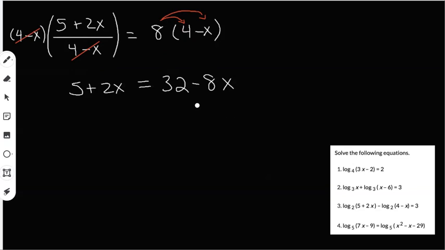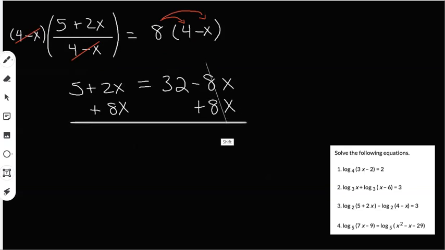I want to get all the x's to one side first, so I'm going to add 8x to both sides. That way, they'll cancel out on the right side, and on the left side, I'll have 5 plus 10x. So I add up the like terms on the left side: 8x plus 2x will give us 10x.